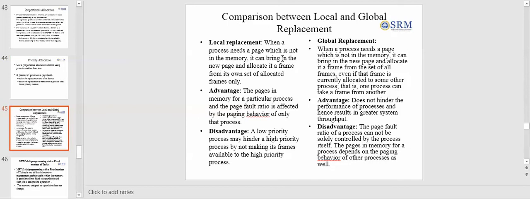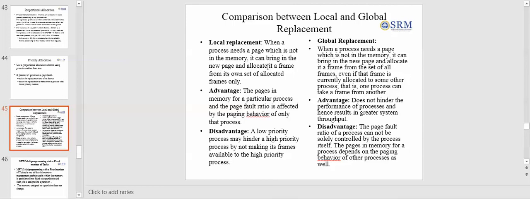What is local replacement? When a process needs a page which is not in the memory, it can bring in the new page and allocate it a frame from its own set of allocated frames only. For example, I have a frame size of 3 and I have some 10 pages.